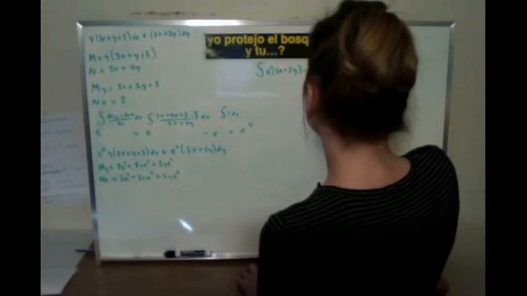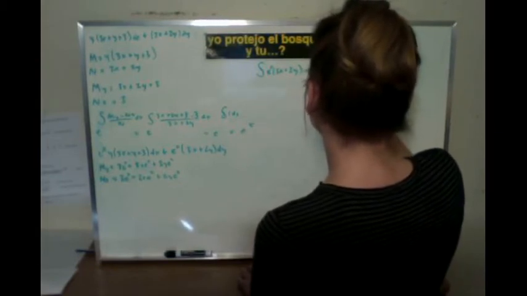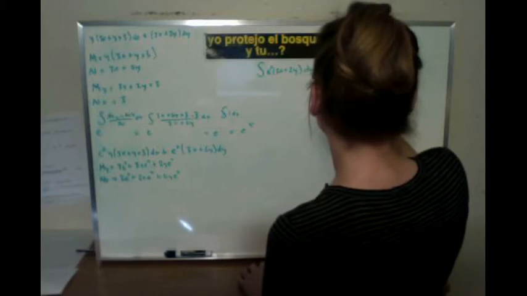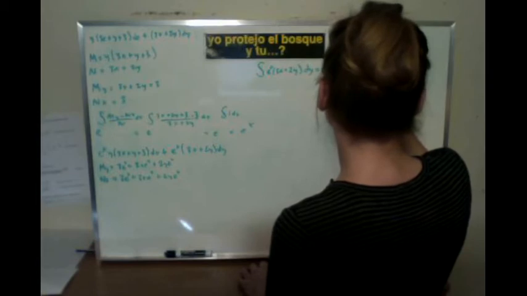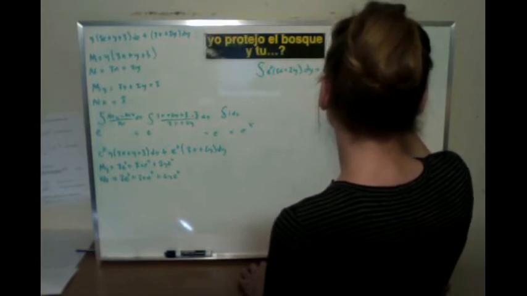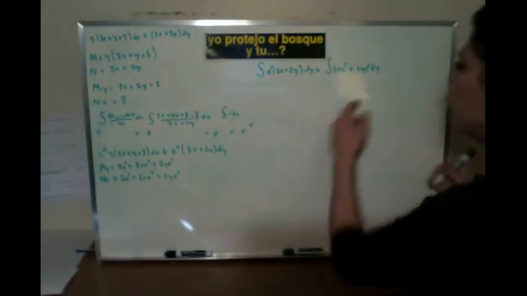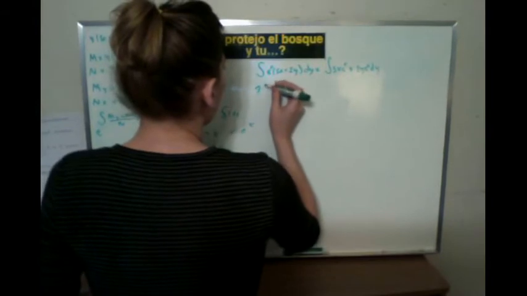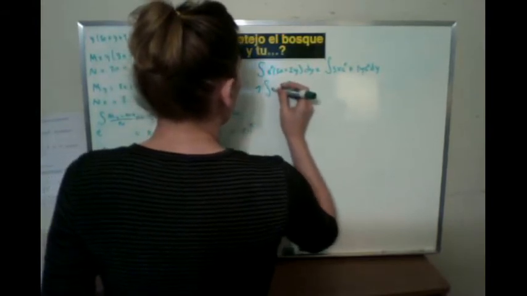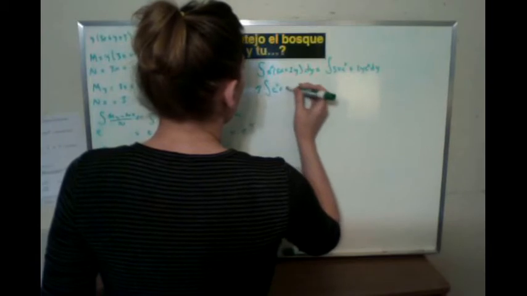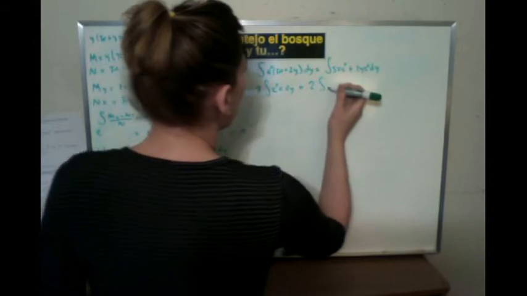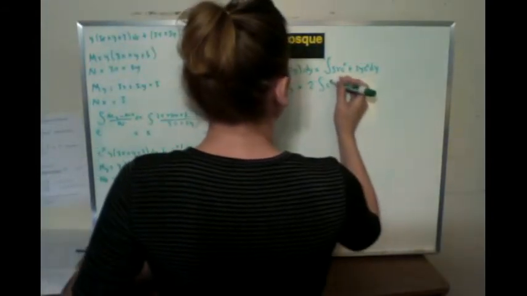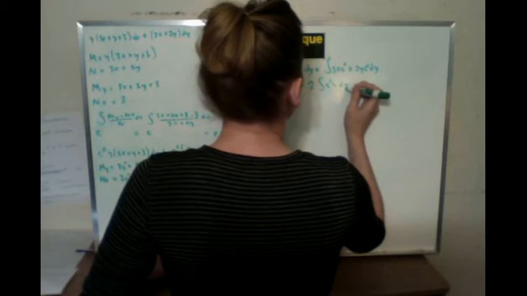This can be rewritten by expanding the function to give us the integral of 3x e to the x plus 2y e to the x dy. We can now rewrite the integral by linearity to give us 3 times the integral of e to the x times x dy plus 2 times the integral of e to the x times y dy.